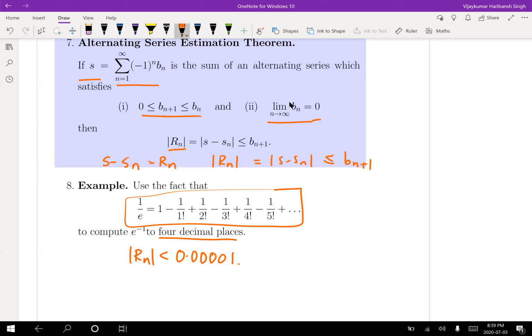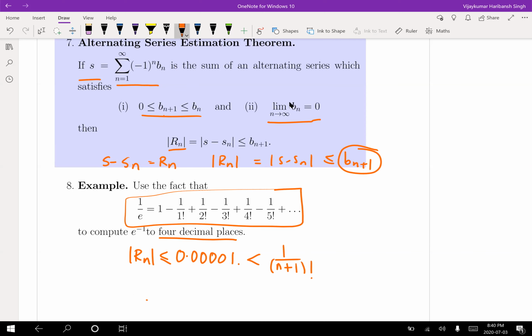So now, what is b_{n+1}? b_{n+1} is 1 upon n factorial. We want 1 upon n factorial to be less than this error. So we want this to be less than b_n.